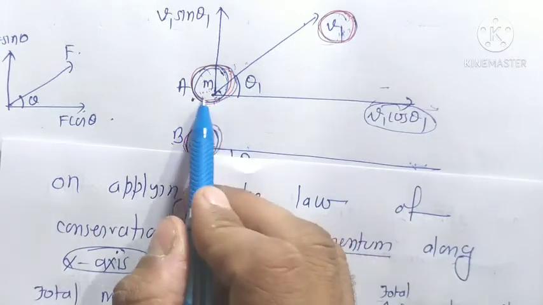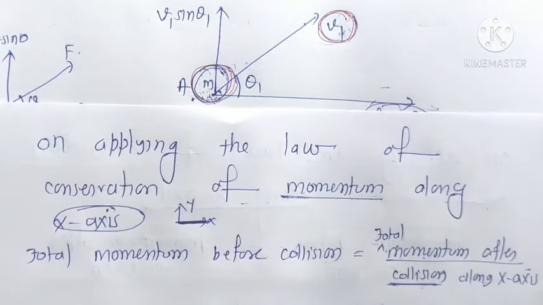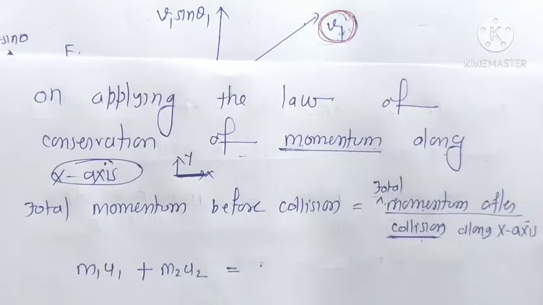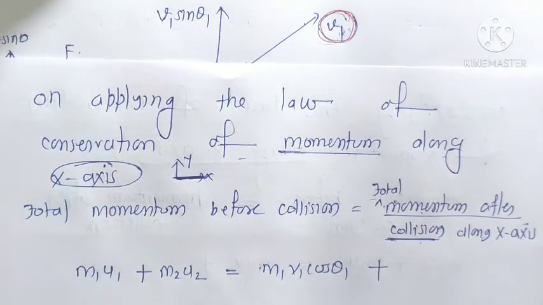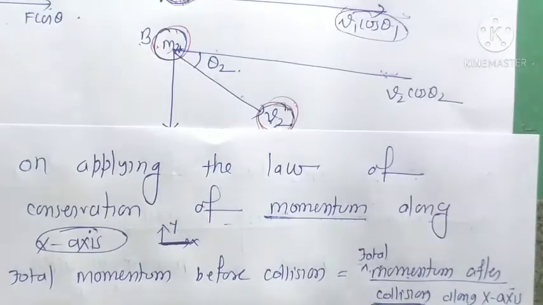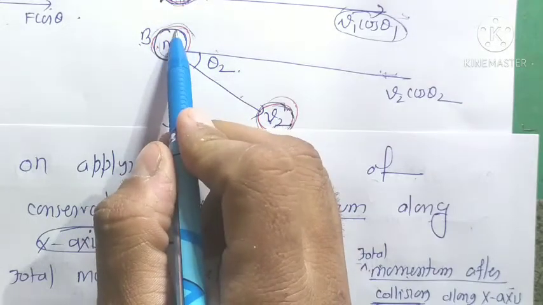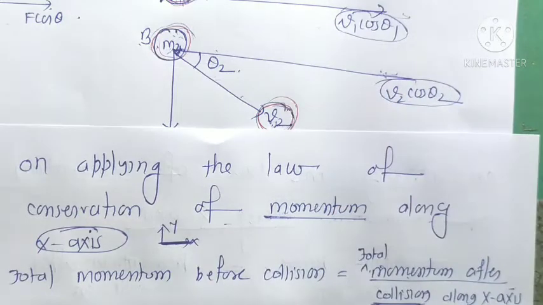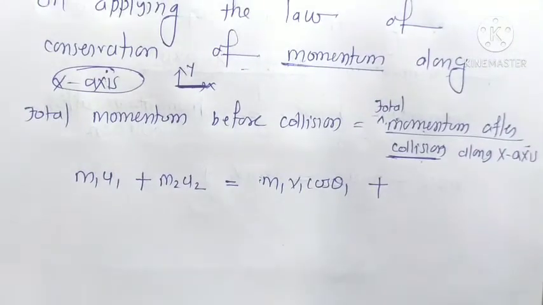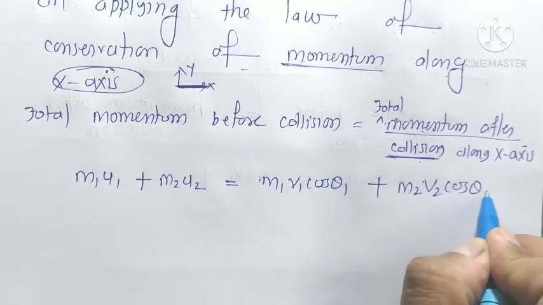This body has mass m1, so its momentum is m1 v1 cos theta 1, plus the momentum of the second body. The second body has mass m2 and moves with velocity v2, and its horizontal component is v2 cos theta 2. So we can write m2 v2 cos theta 2.